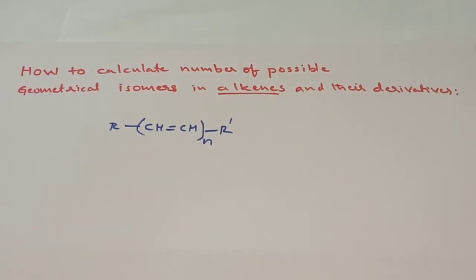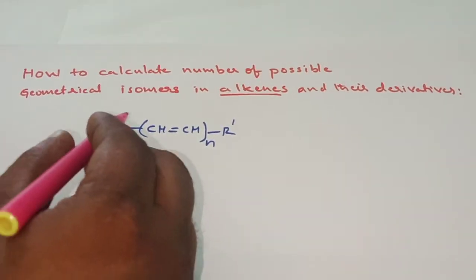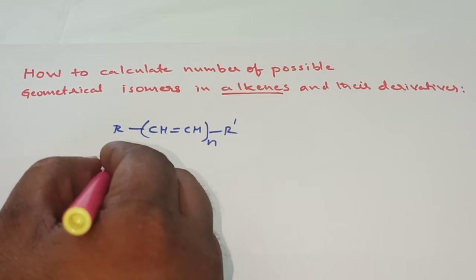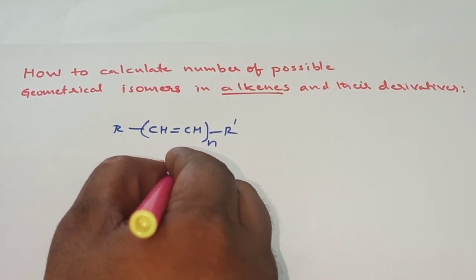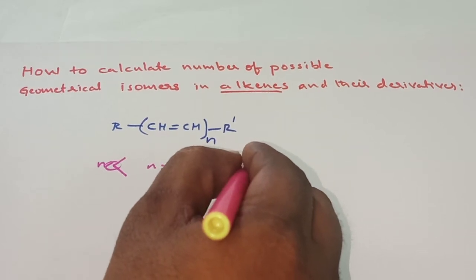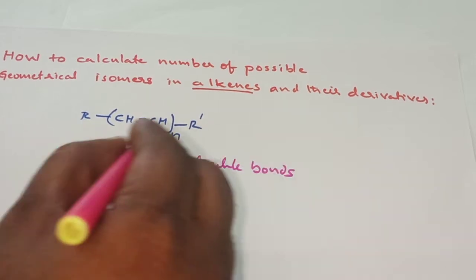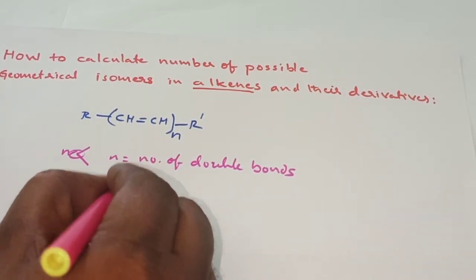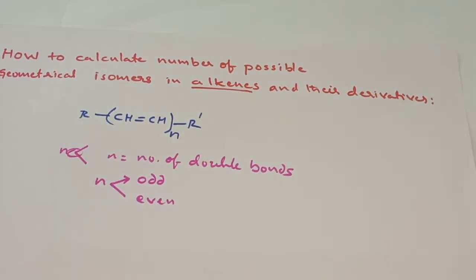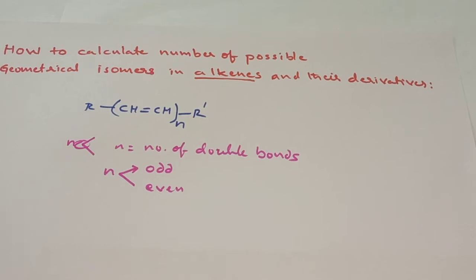Here n is equal to the number of double bonds, and this n may be an odd number or an even number. It means an odd number of double bonds may be present, or an even number of double bonds may be present. That is an important thing to remember.